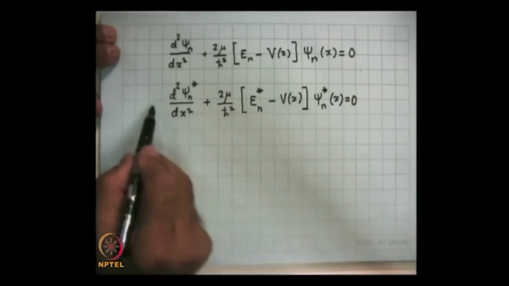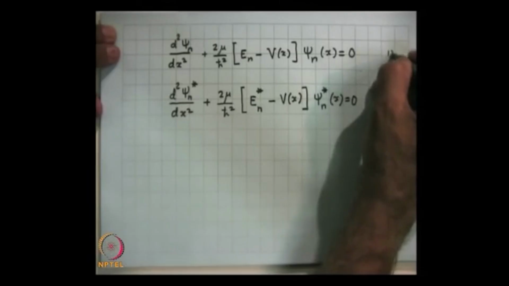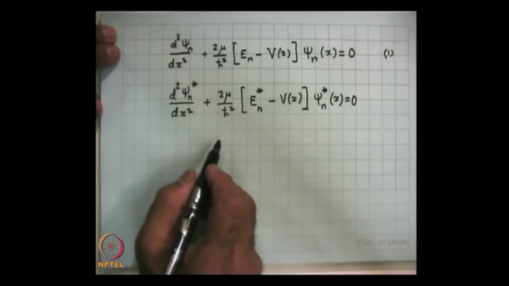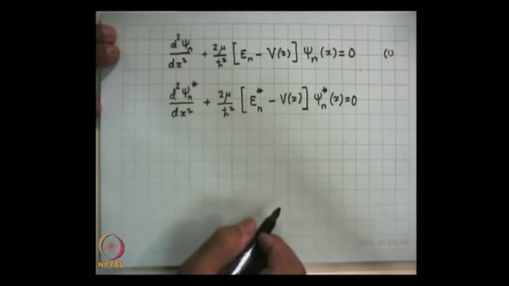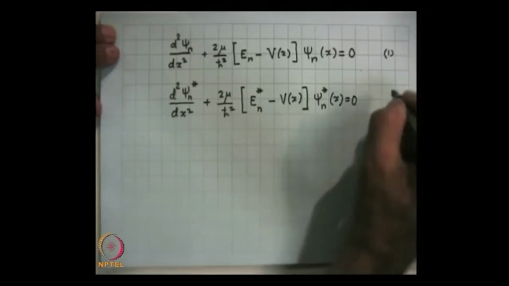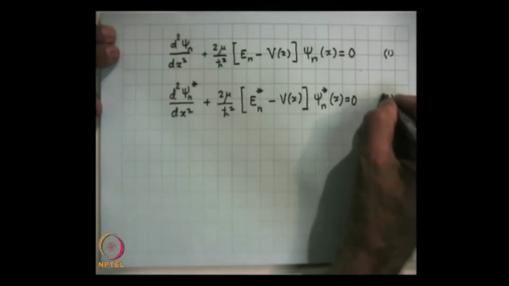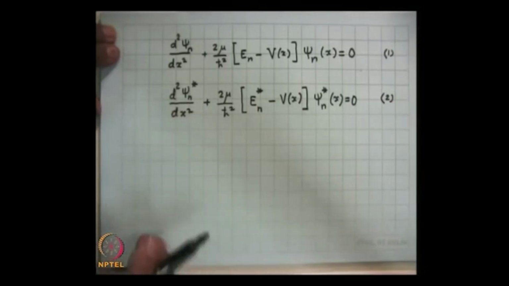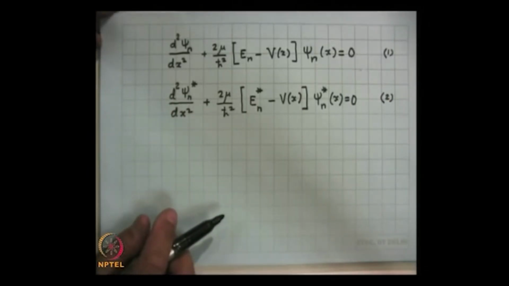So, equation number 1 is the Schrodinger equation corresponding to the nth eigenstate. Equation number 2 is the complex conjugate of equation 1, where we have assumed that the potential energy function is a real function.